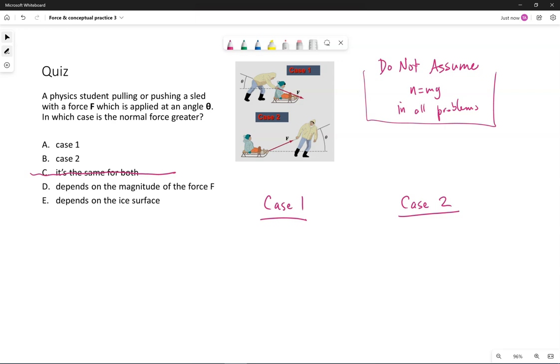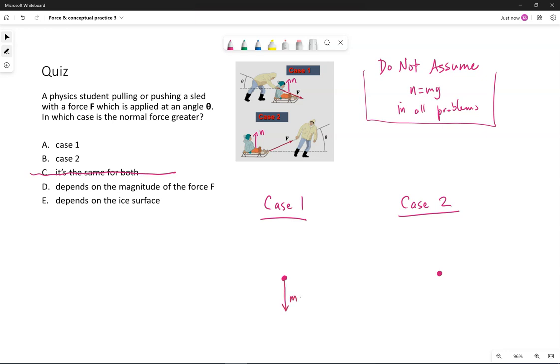The wording implies we want the normal force on the sled, the child sitting on the sled. Either way, the dot I am drawing is going to represent the child on the sled.